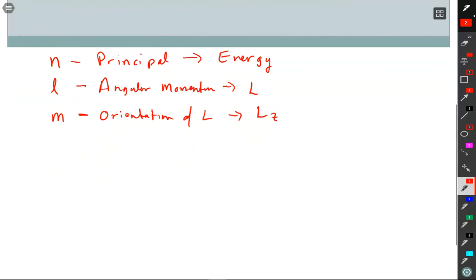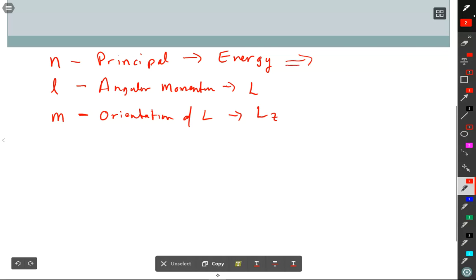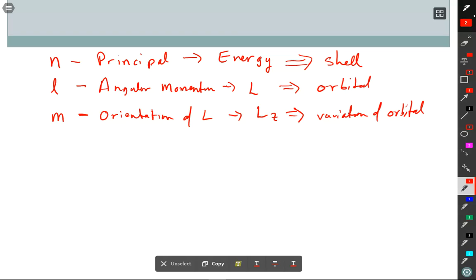And so we talk about shells and subshells. The N is telling us the shell, and the L is telling us the orbital. And the L sub z is telling us which variation of the orbital. And just so I get this straight, did we define that L had to be greater than 0, or could it be equal to 0?